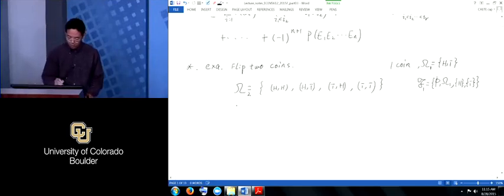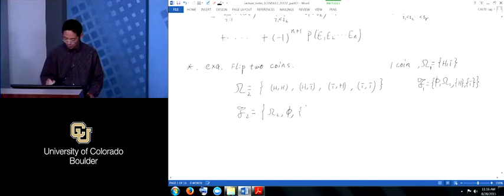How about this guy? When I combine these two experiments together, how many sets are there? It should include this guy, right?